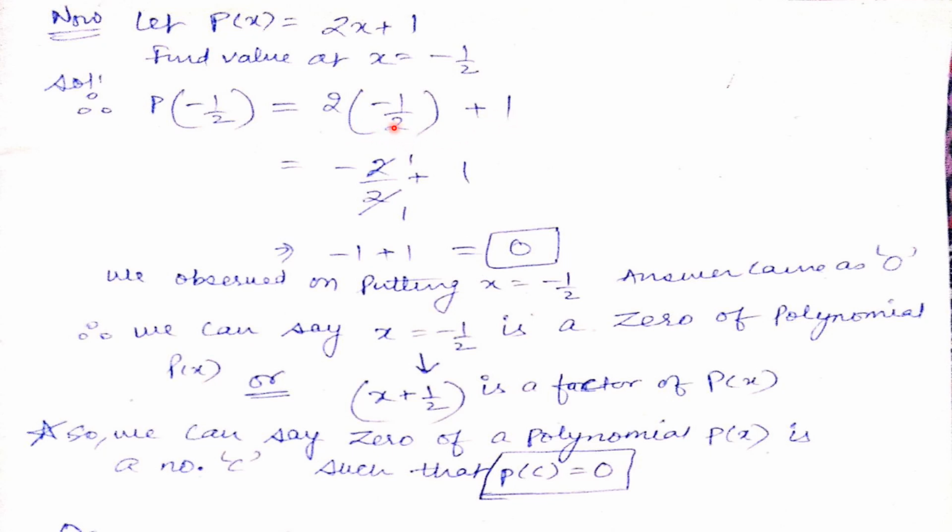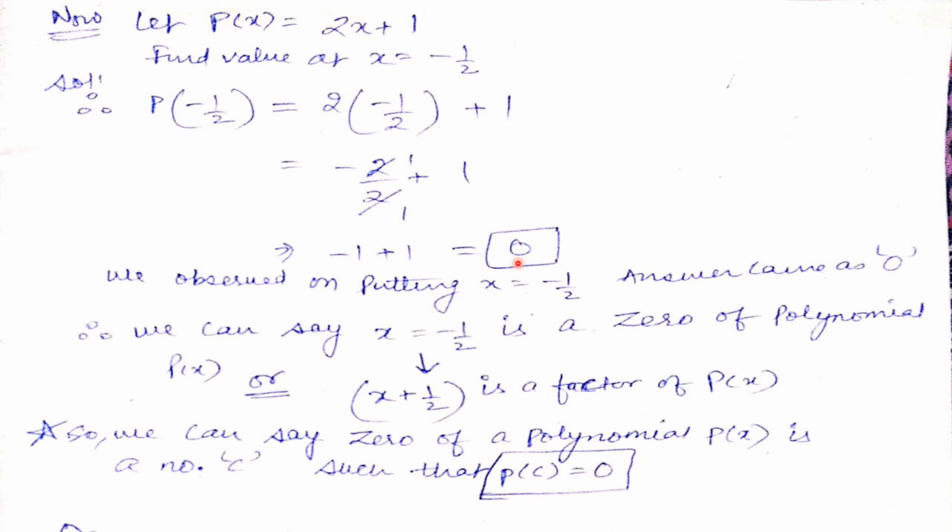You can see it becomes 2 into minus 1 is minus 2 upon 2. This 2 and this 2 will cancel. They are independent, so they can cancel each other. Then we have plus sign and 1. So we have got minus 1 plus 1, which is equal to 0.